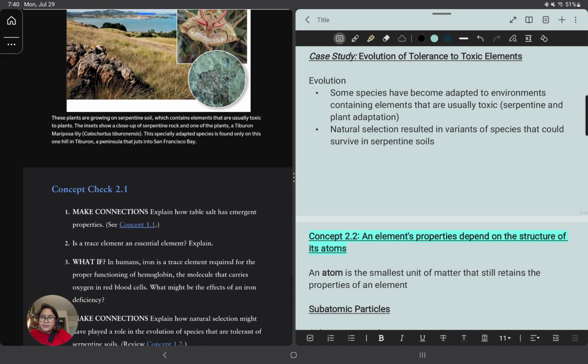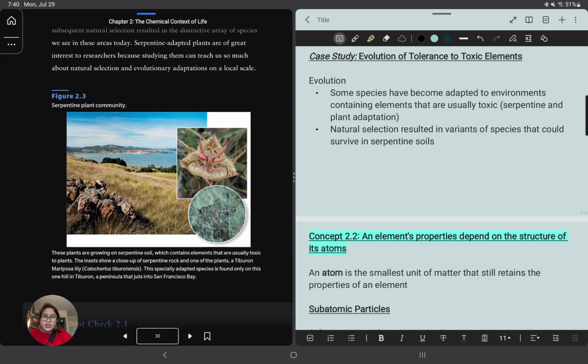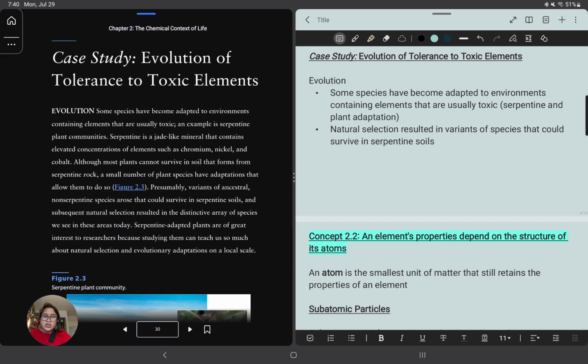Interesting. Okay, so for my notes, I wrote some species have adapted to environments containing elements that are usually toxic, such as serpentine and plant adaptation. And natural selection resulted in variant species that could survive in serpentine soils.